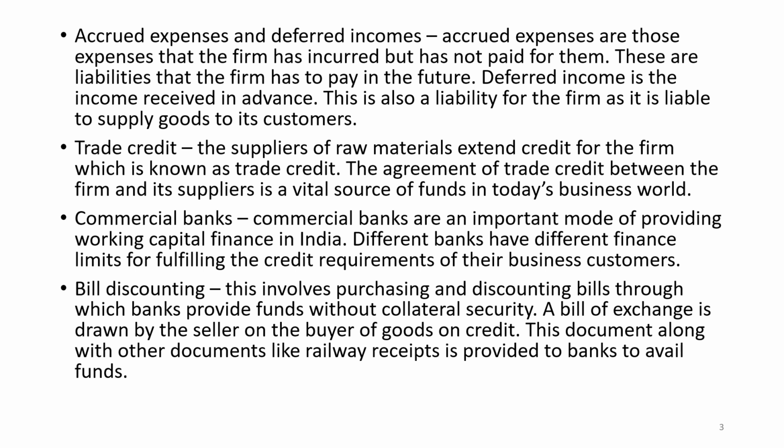So how is it done? Between the seller and the buyer, there will be a bill of exchange on the purchase of goods on credit. This bill is given to the bank, along with the railway receipt. That is how they do the transportation of the goods, maybe by train or maybe by truck.